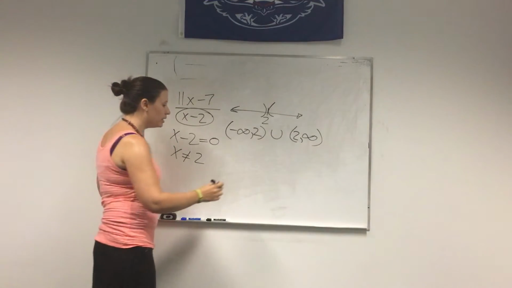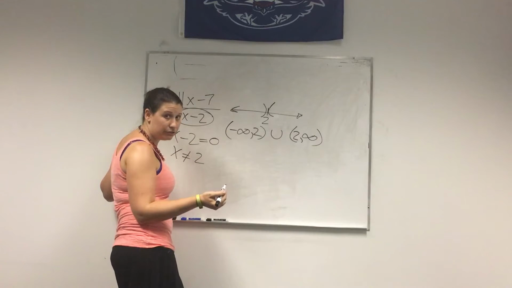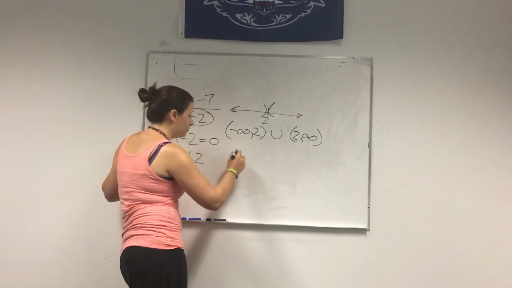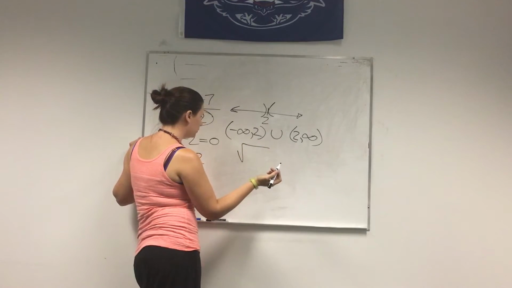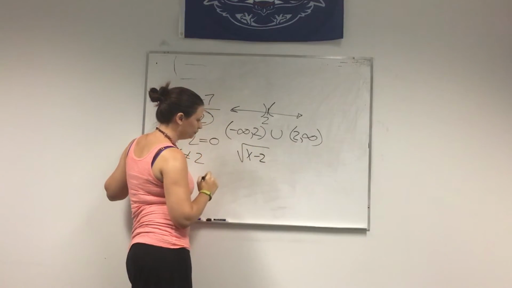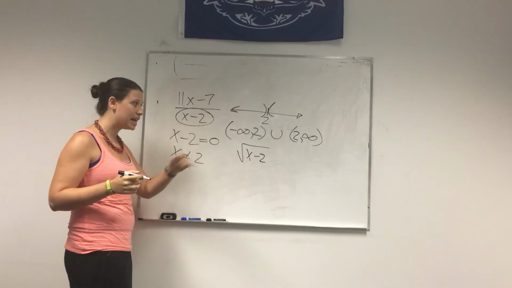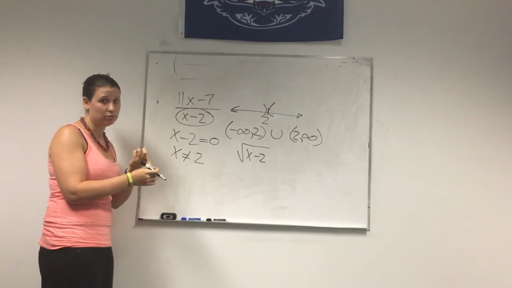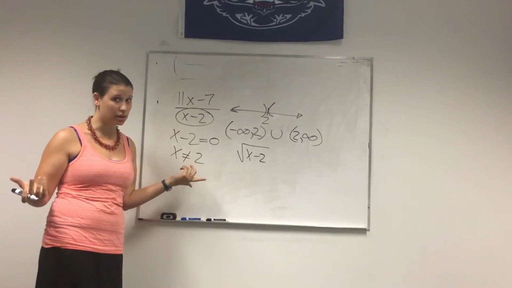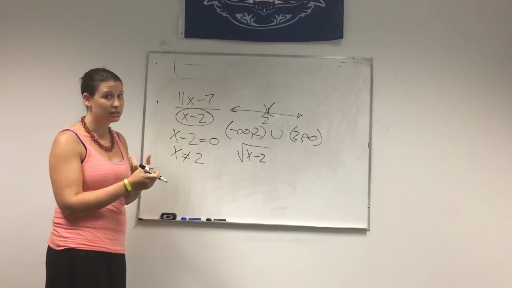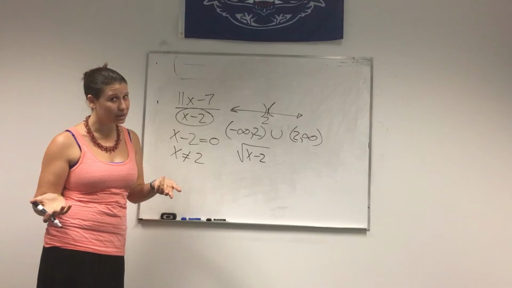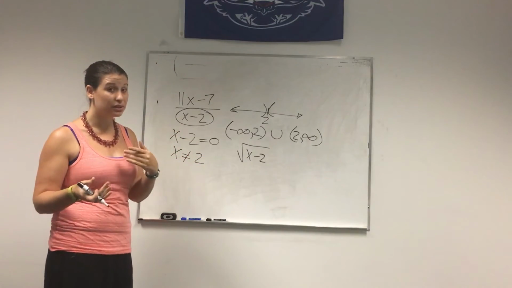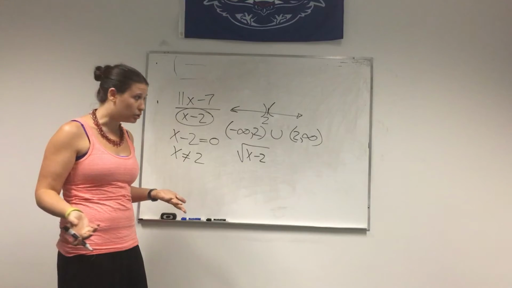Another thing that's not allowed is we can't have a negative underneath a radical. So what I mean by that is if we had the square root of x minus 2, well, that can't be negative, meaning it can be 0, because the square root of 0 is just 0, that's fine, and it can be positive, because the square roots of positive numbers might not be nice or pretty, they might be really long decimals, but they're still possible to do.